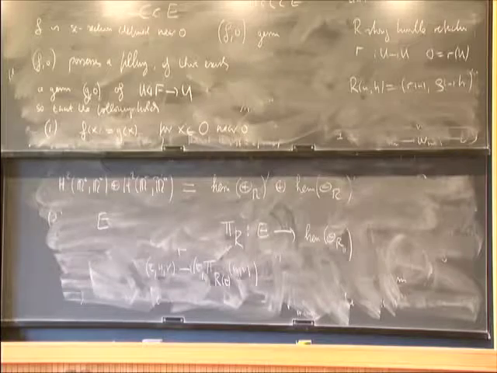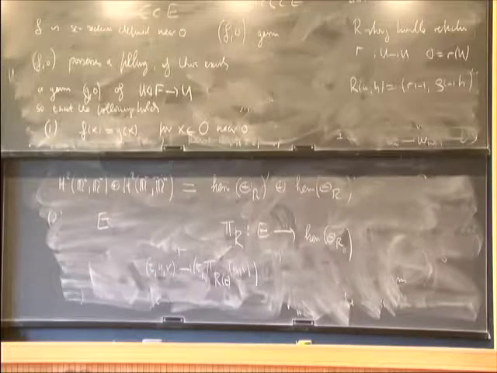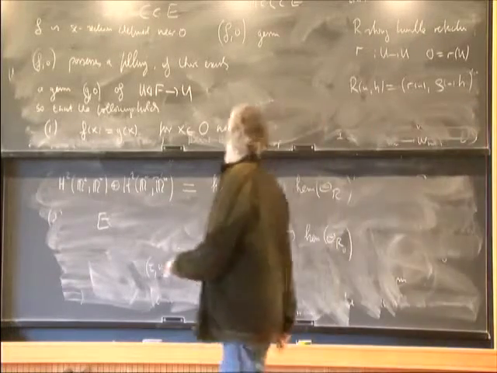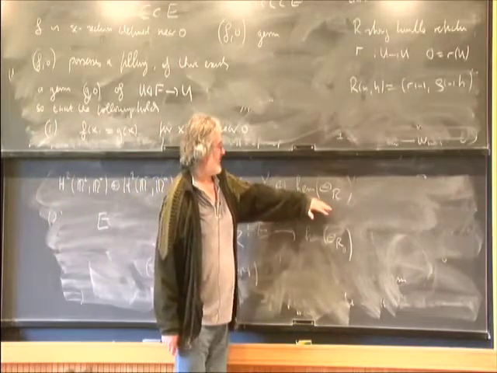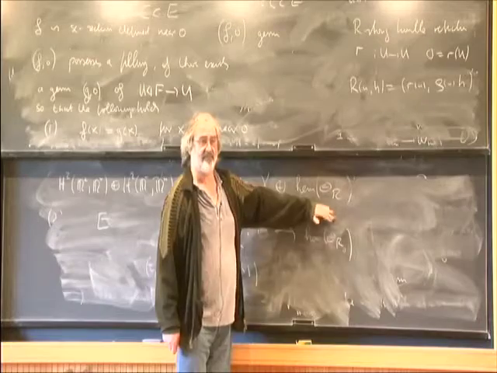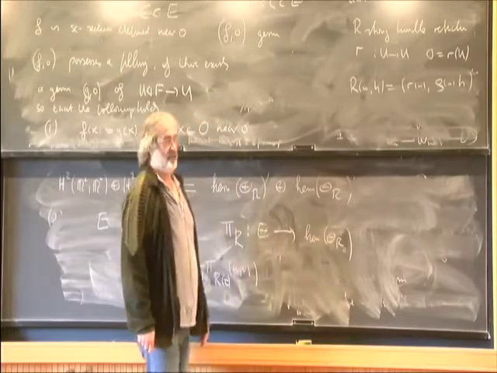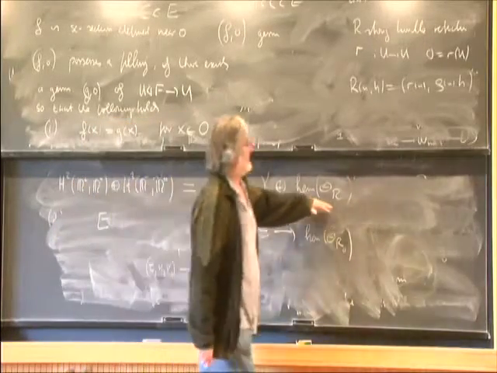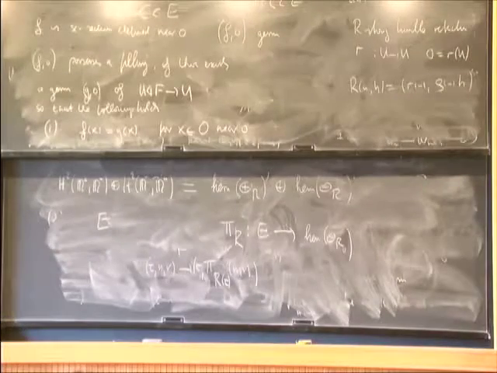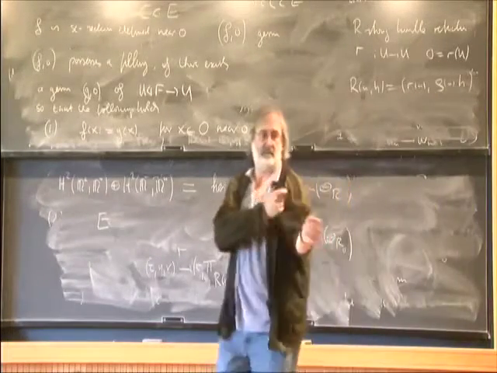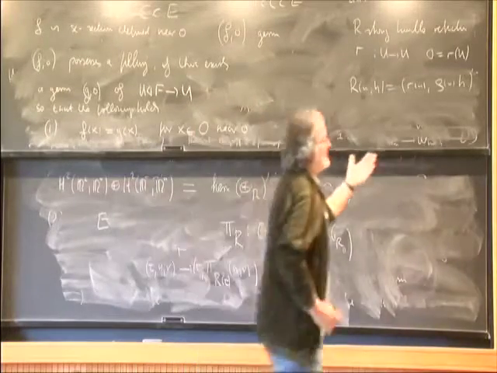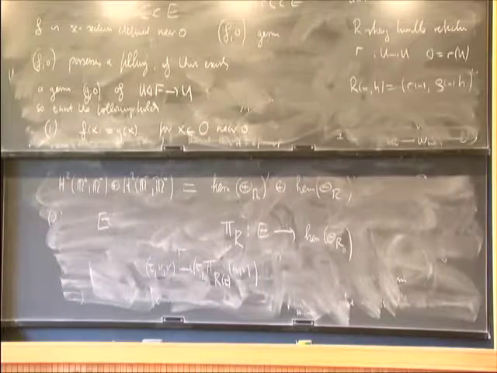Now the complement, so I have to say how I extend. I have to extend in some sense my section to this part here. And the right extension is just taking this linear operator. And this, as you see, is an isomorphism if and only if the critical point is non-degenerate.